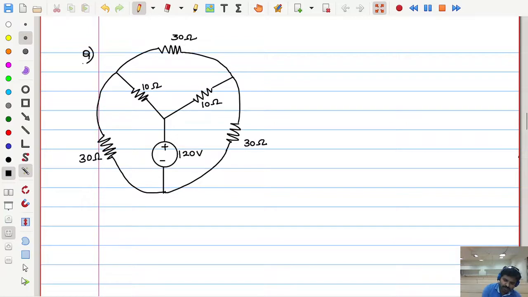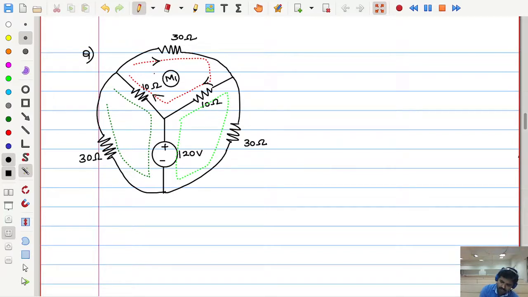Next question. What is our task? Quickly we should occupy our positions. Mesh 1, mesh 2, mesh 3. Only 3 meshes are there. The next step is, wherever elements are there, I indicate an arrow. This I will call mesh 1 whose current is I1.